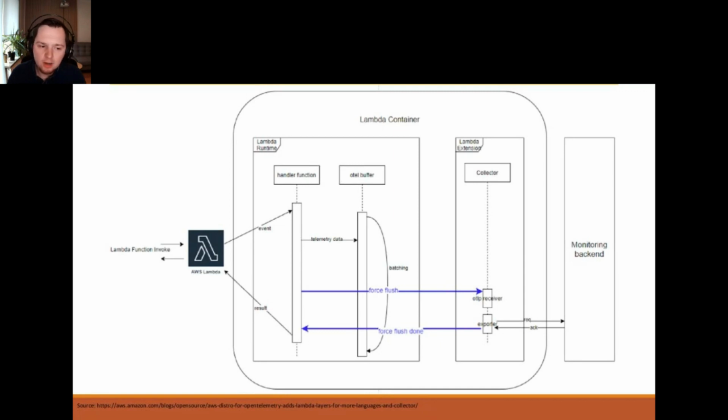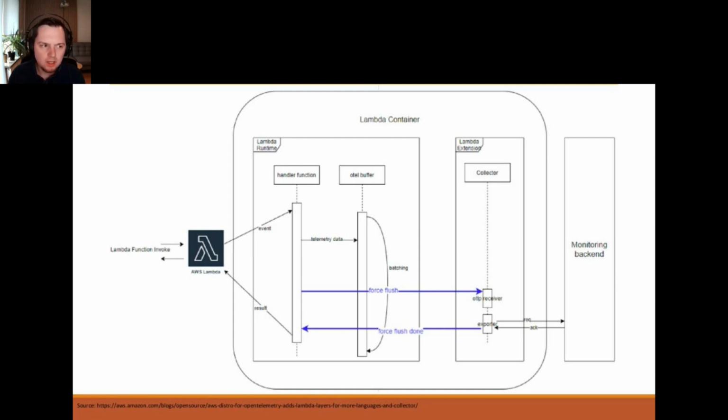So you invoke your function, the function handler will do the logic, and it will send, for example, traces to the OpenTelemetry buffer that will be sent to the collector in the Lambda extension. And then there is an exporter that sends the data to whatever you want. By default, for traces, it sends it to X-Ray. I will show you in the demo how X-Ray works.